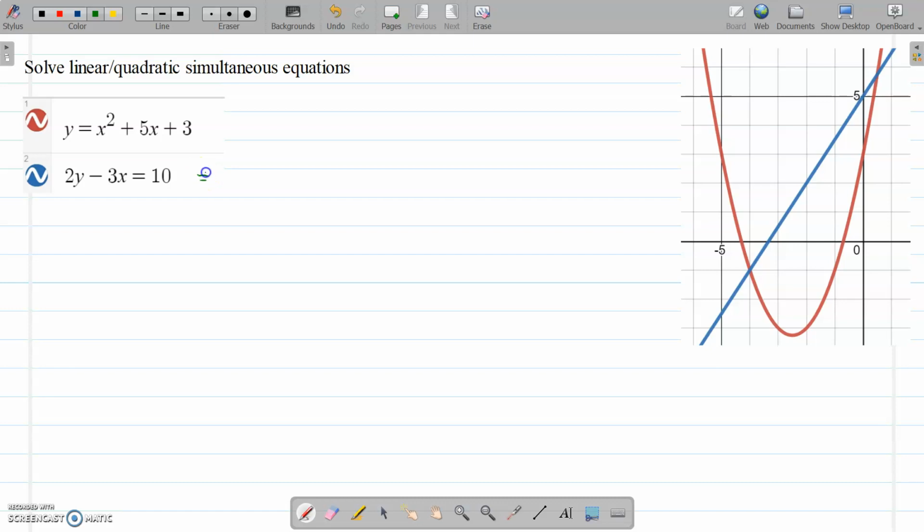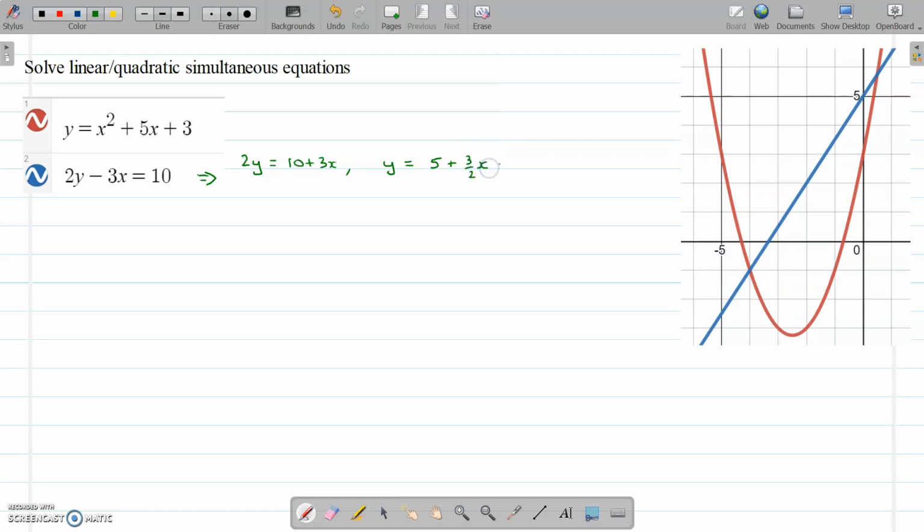Just rearranging that, I'm going to have that 2y equals 10 plus 3x. And therefore y is half of that, which is 5 plus 3 over 2x, 1.5x.